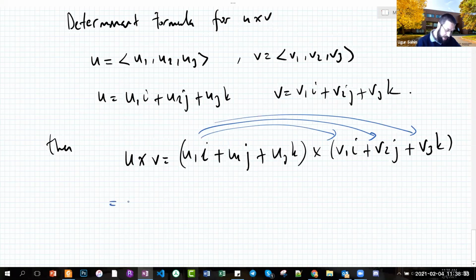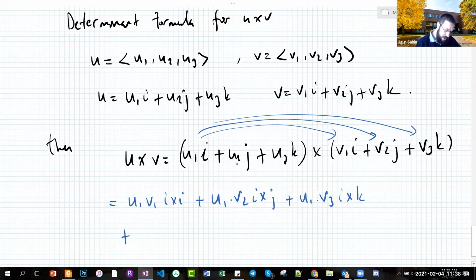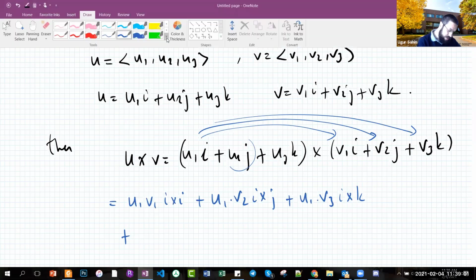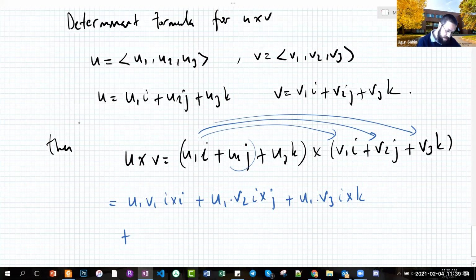U1 i times V1 i: U1 times V1, i times i, plus U1 times V2, i times j, plus U1 times V3, i times k, plus, now I'm at the U2 j term. Let me use a different color.